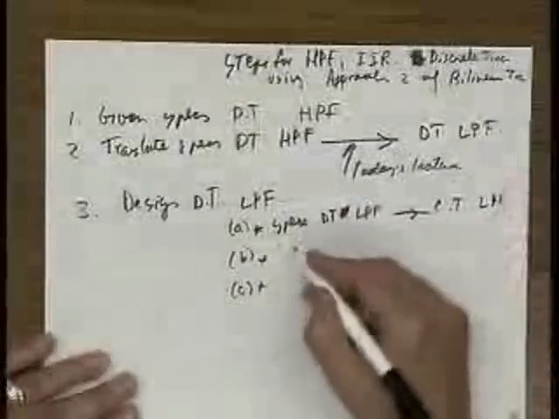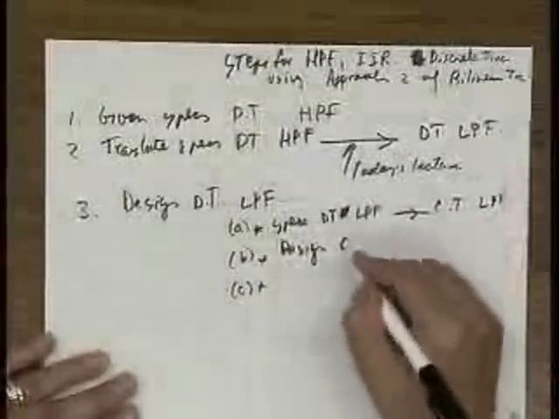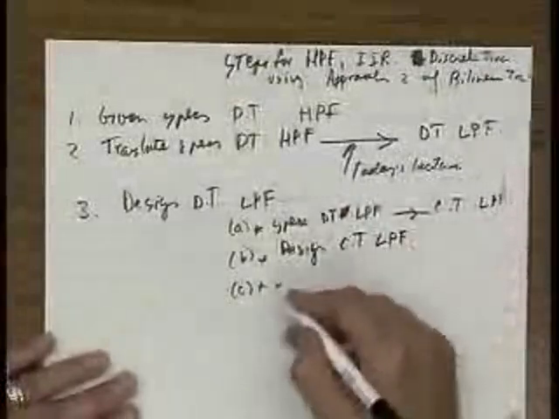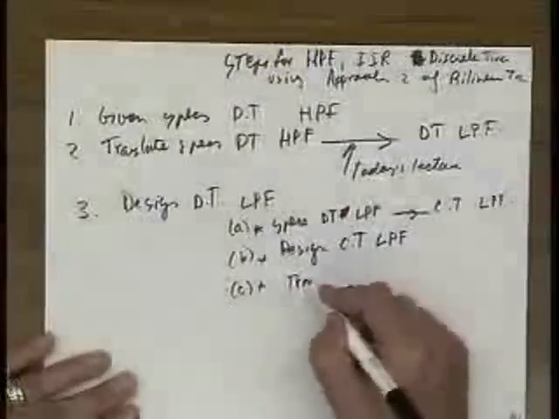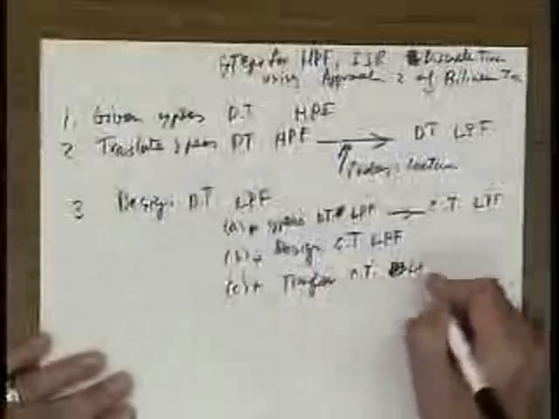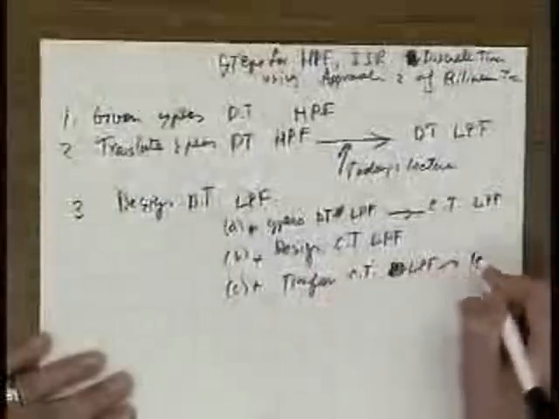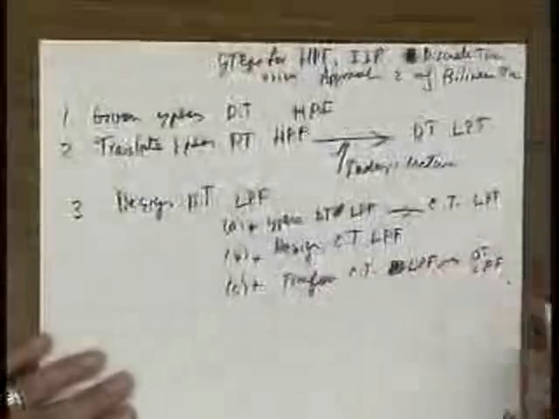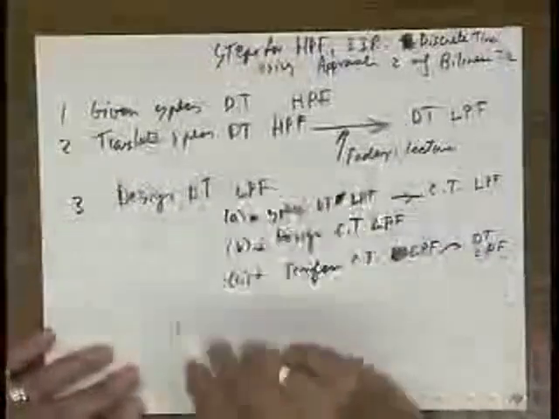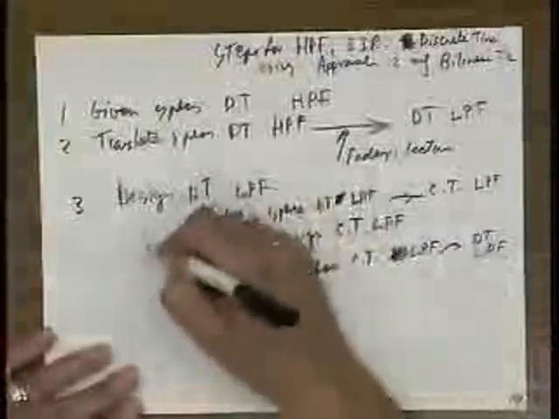Step B was design the continuous time low pass filter. And step C was transform the continuous time low pass filter onto a discrete time low pass filter. So that's how we designed this, last lecture, if you will.